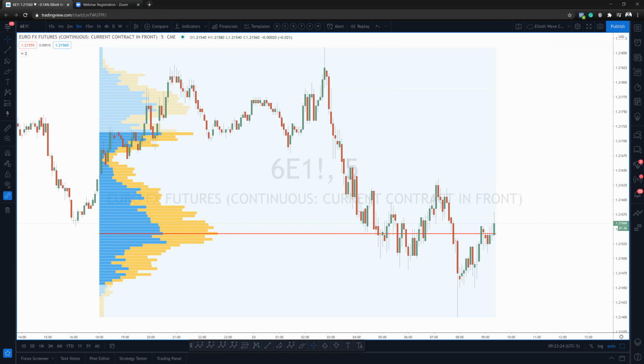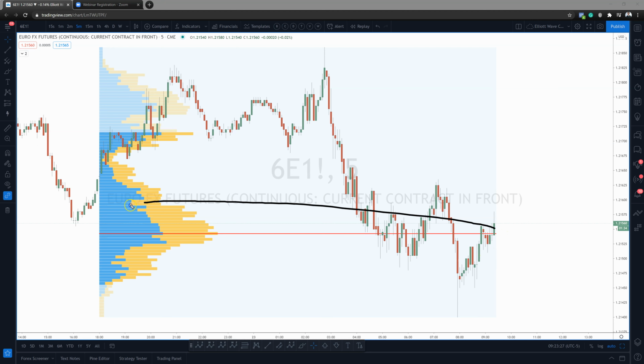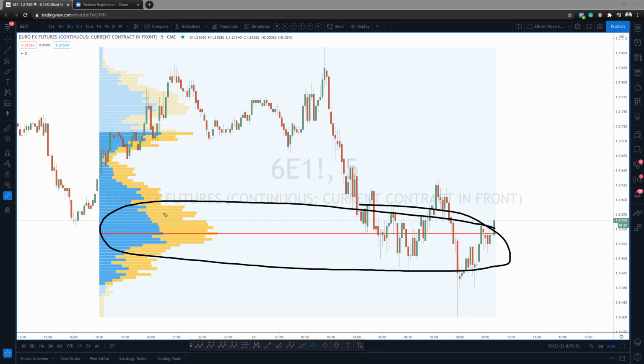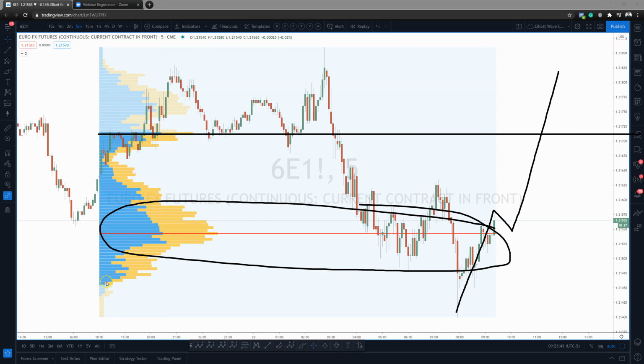Right now we have all the volume accumulation here at the lower side of the profile. So if we have the wave 2 going outside the profile right here, that's where I want to sell. I want to sell when the price goes outside value.